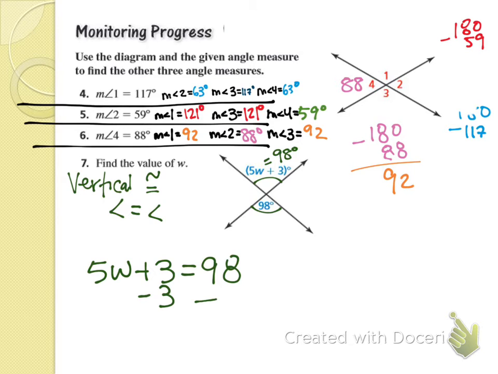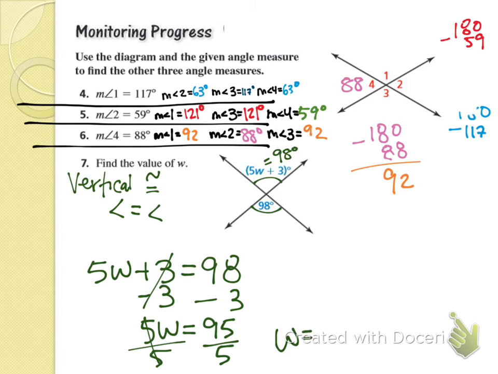Subtract 3. 98 minus 3 is 95. Divide by 5, and W is 19. You can always check by plugging it back in. When you're ready, you can turn to the last page.